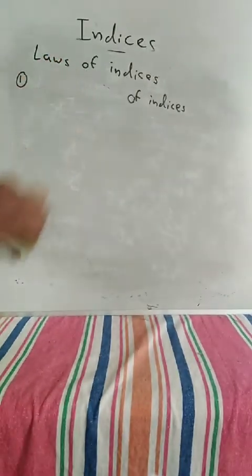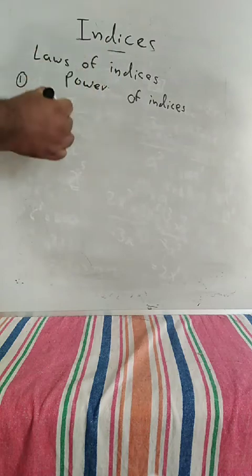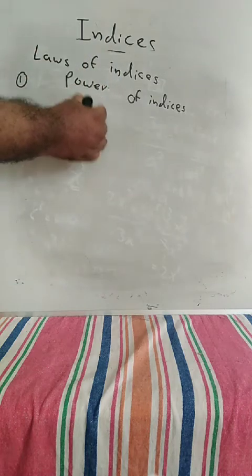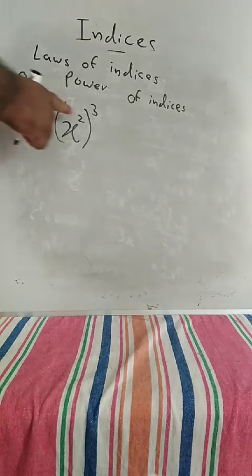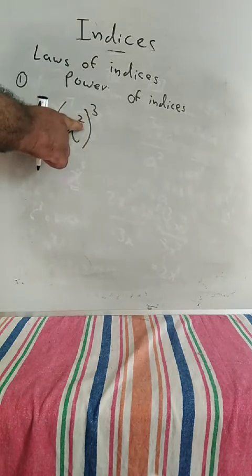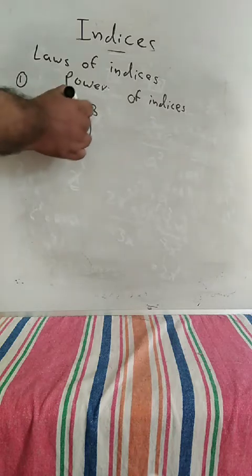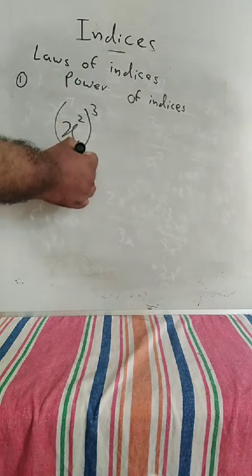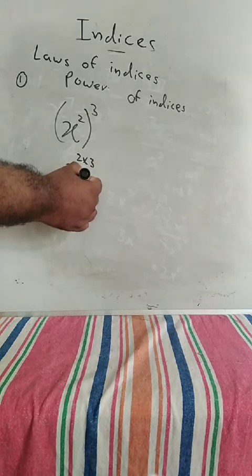Next one, power of indices. For example, x to the power 2, with brackets, to the power 3. Here, what can we do? Yes, multiply 2 and 3. x to the power 2 multiplied by 3, 2 into 3, 6, x to the power 6.